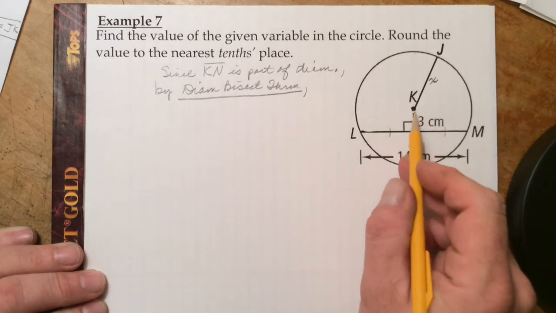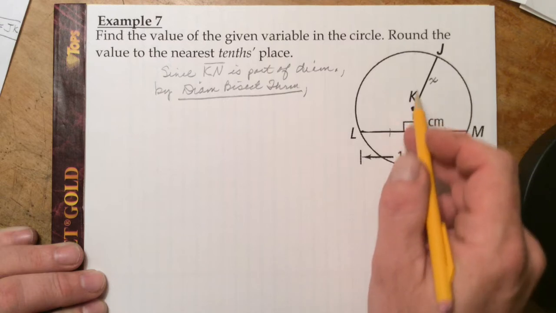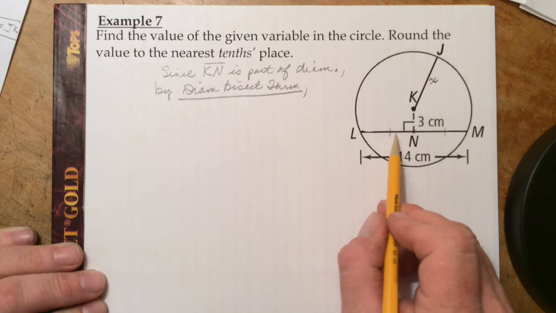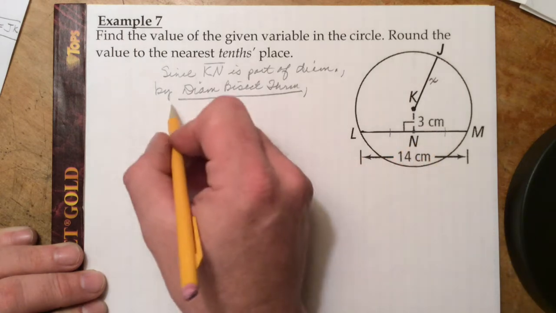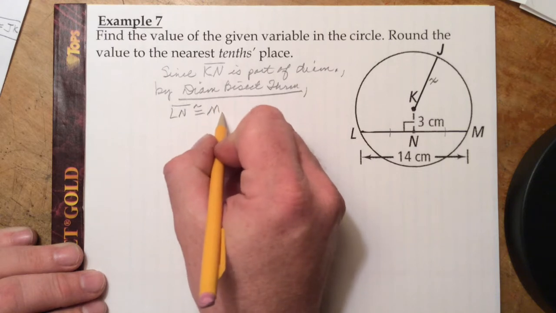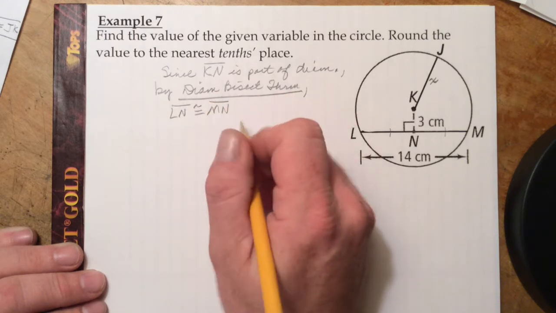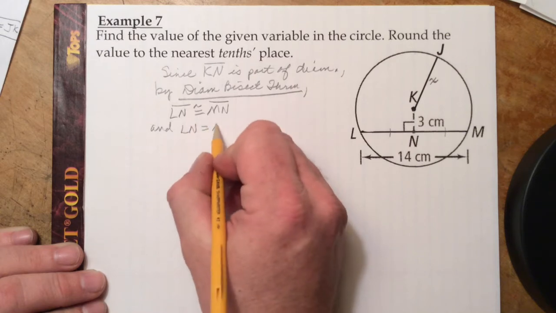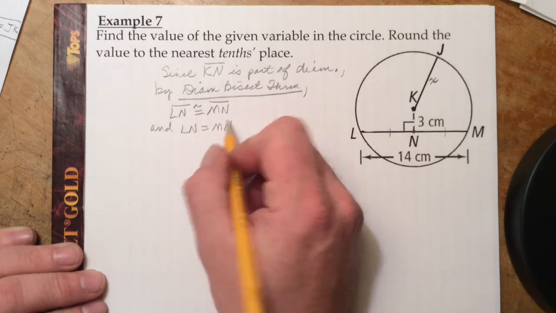So this diameter, or this KN, which is part of the diameter, cuts the chord LM into two congruent parts. And so LN is congruent to MN by that theorem, and the length of LN has to be equal to the length of MN, of course.